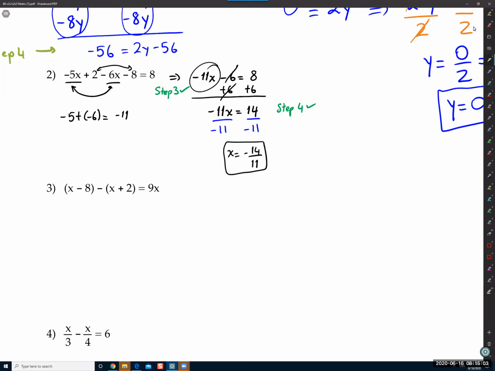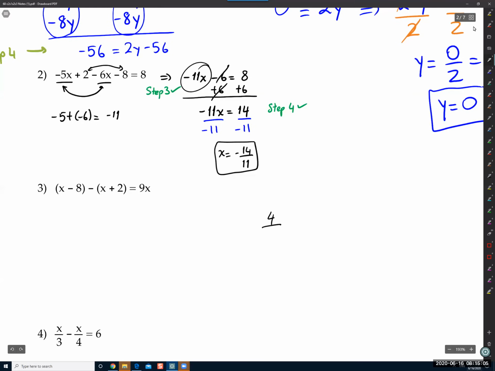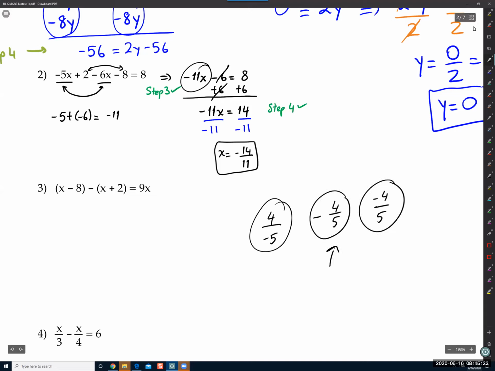By the way, remember what I said: if your answer is like that, which is the same as negative 4 over 5, which is the same as negative 4 over 5, you see the flexibility of the negative sign? If MyMathLab considers only this the right answer, not these two, personally I think something is wrong with that, because mathematically speaking, all three are right.